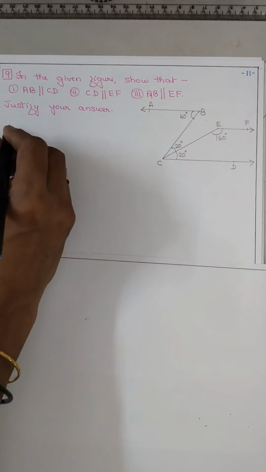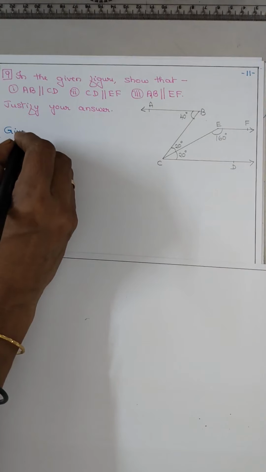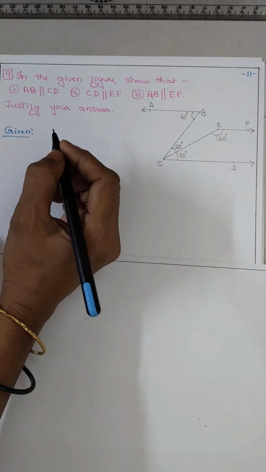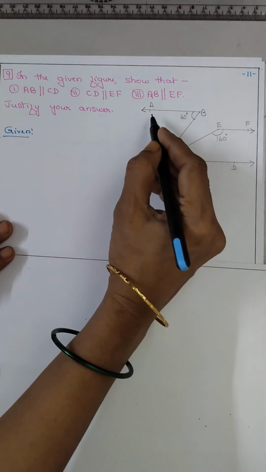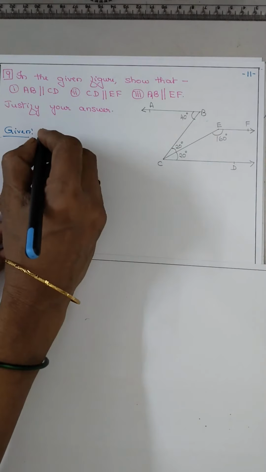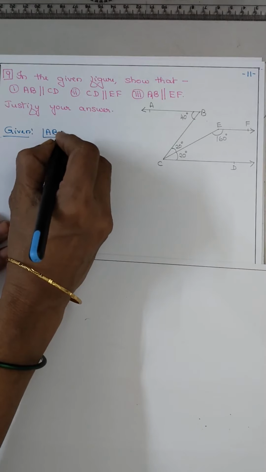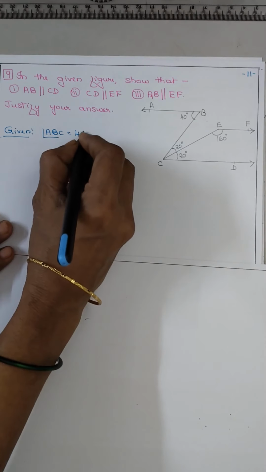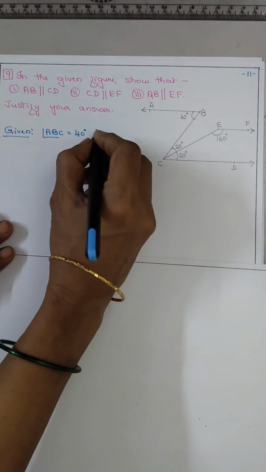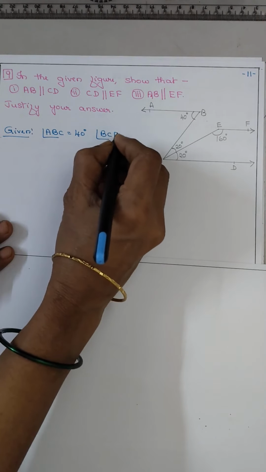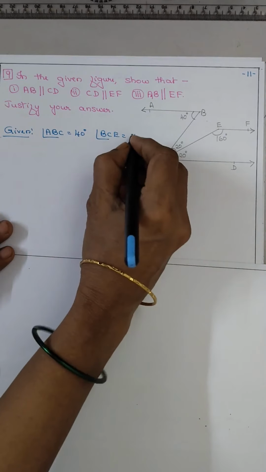Given, which angles are given? This, that is ABC. Angle ABC is equal to 40 degree. BCE is equal to 20 degree.